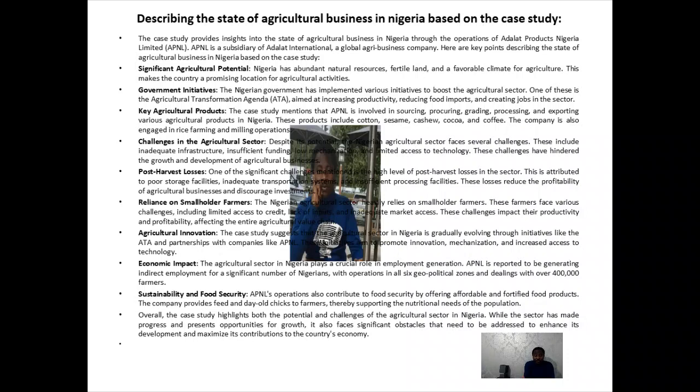You can talk about agricultural products if you like, and give some crops that they cannot find anywhere else in the world, like cashew. Nigeria produces a lot of cashew, a lot of cocoa. The company is also engaged in rice farming and milling operations. So this is a good description of agriculture as it relates to Adalat and to Nigeria.